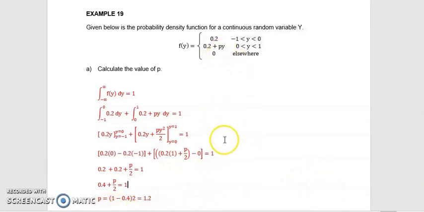Note that p is a constant, so its value can be more than 1. Probability cannot be more than 1, but p is a constant value. That's how we find that constant value: integrate these two functions and the total, which is the probability, should be equal to 1.